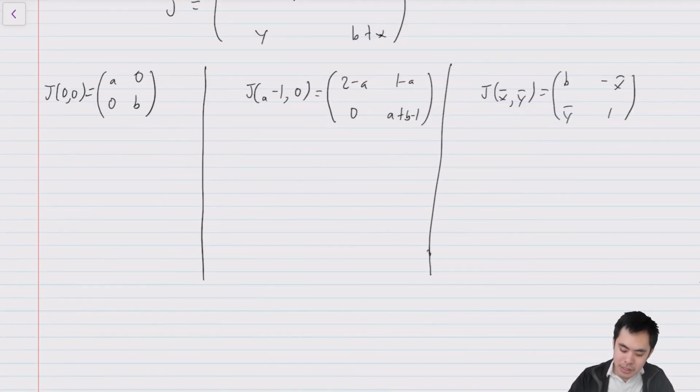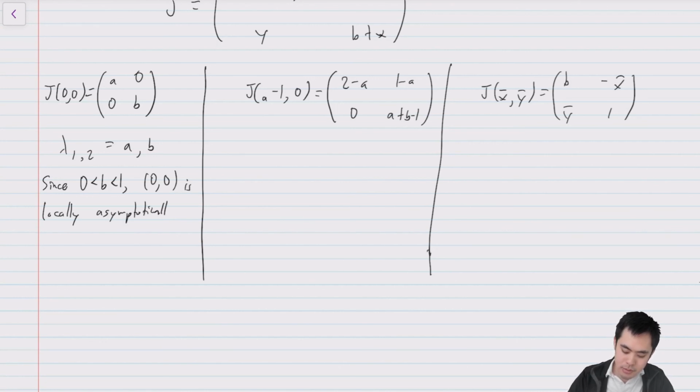So in the very first case, the eigenvalues are super simple. Lambda 1 and 2 are just equal to a and b. Since 0 is less than b is less than 1, b is always of magnitude less than 1 anyway, so 0, 0 is locally asymptotically stable if a is less than 1.